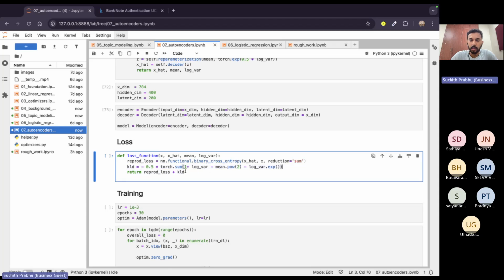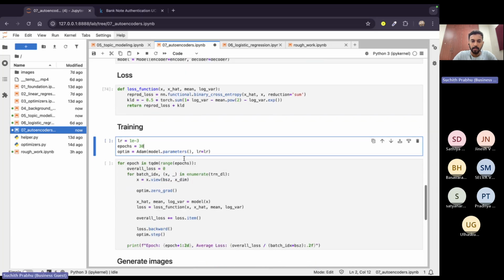Okay, so when you assume normal Gaussian, this is just KL divergence. If you go through the maths, write down the equation for KL divergence and input these two distributions. One is the unit standard deviation and zero mean, and the other is the Gaussian distribution with this variance and mean. So when you simplify all that, we'll get this term.